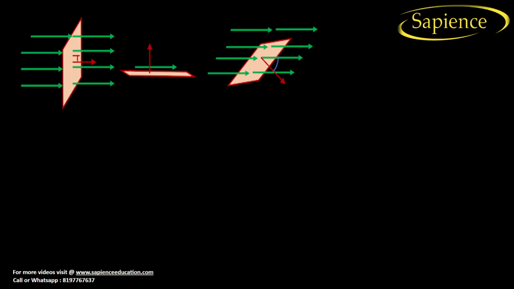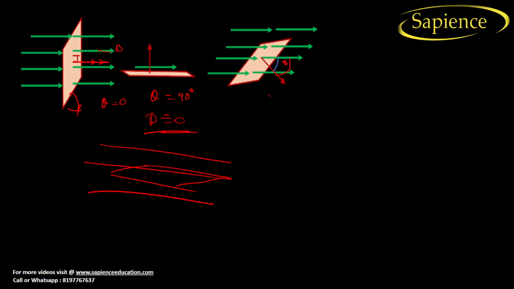Now see here, you can see the scenario. This is the case when area vector and magnetic field are making an angle theta equal to 0. Here theta is equal to 90 degrees and here theta is some non-zero angle. Okay. So here the flux will be equal to 0. So what you have learned is that whenever any surface is parallel to the field, the flux will be 0, right?